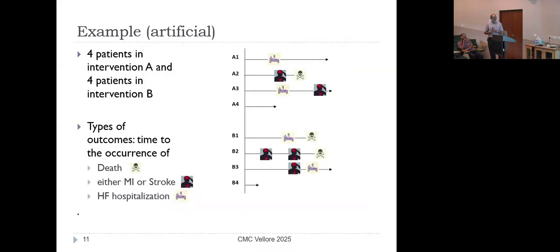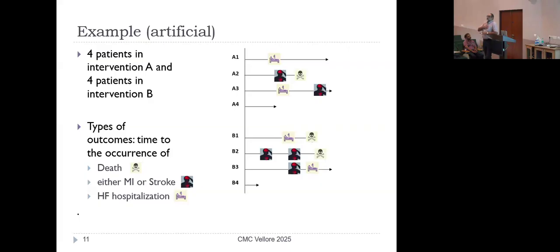Now, here's just an example of what true life is in the cardiovascular arena. I have two interventions, A and B. I want to compare them. I'm looking at outcomes that are cardiovascular related. For simplicity, I put MI or stroke together in one image.